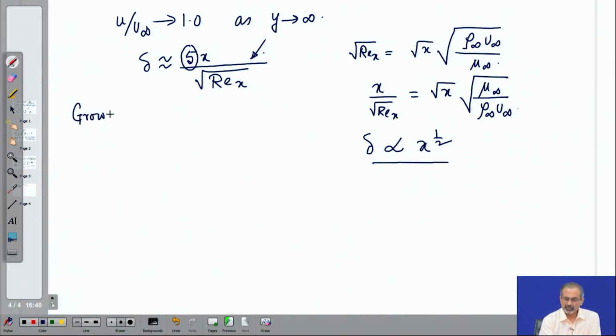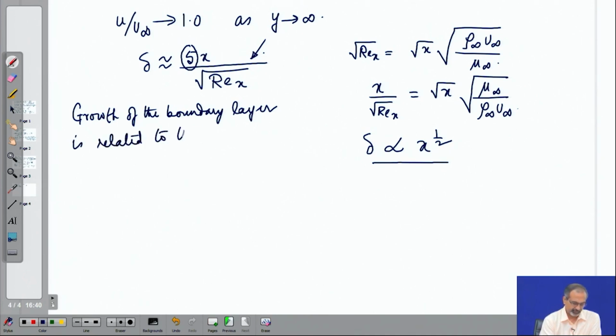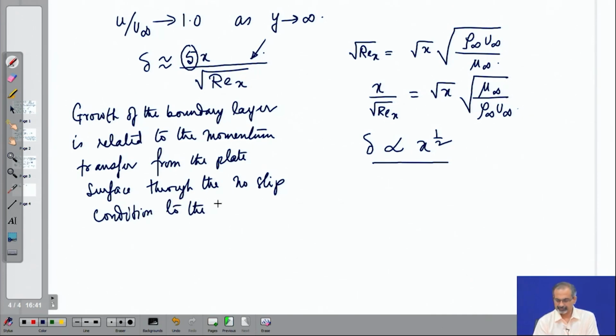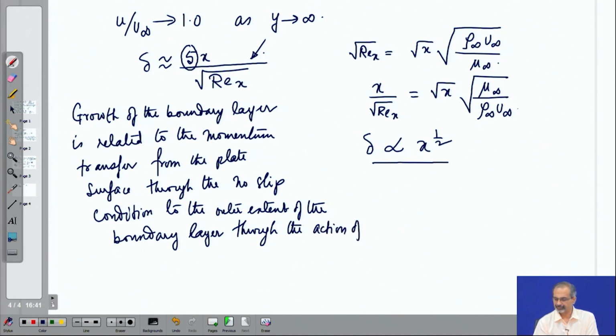Now, why should the boundary layer grow? The growth of the boundary layer is related to the momentum transfer from the plate surface through the no slip condition to the outer extent of the boundary layer, through the action of viscosity, because viscosity assures this momentum diffusion.